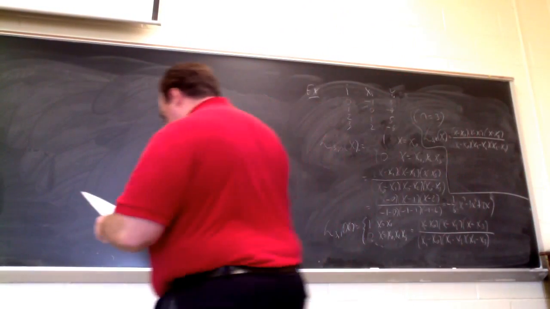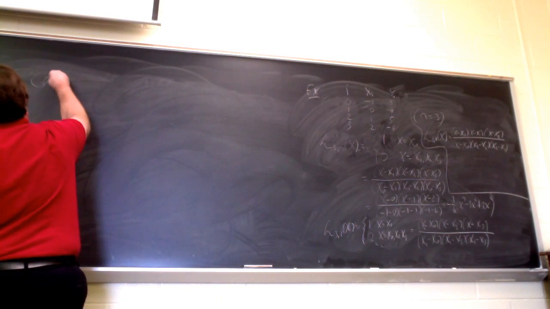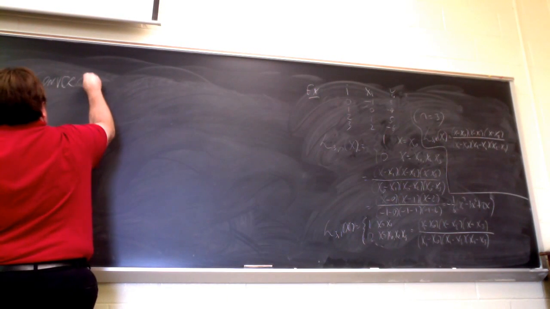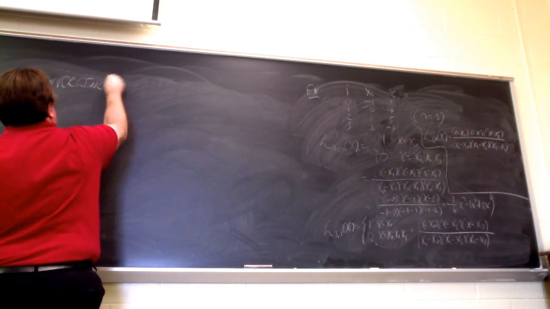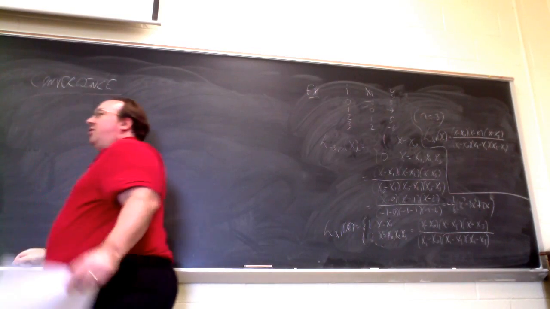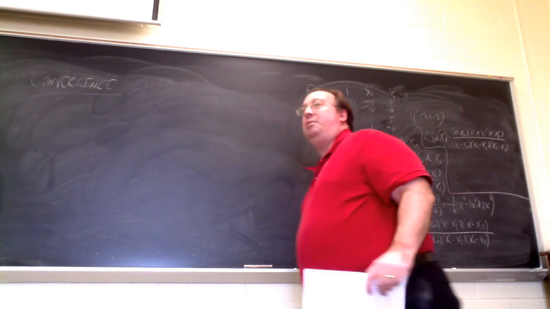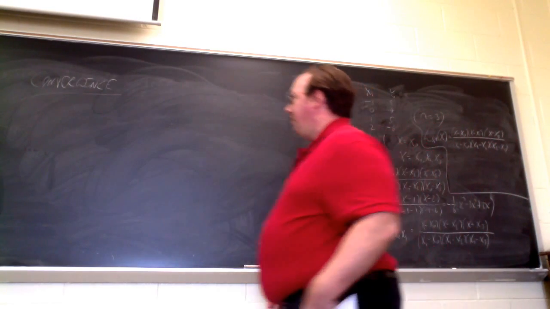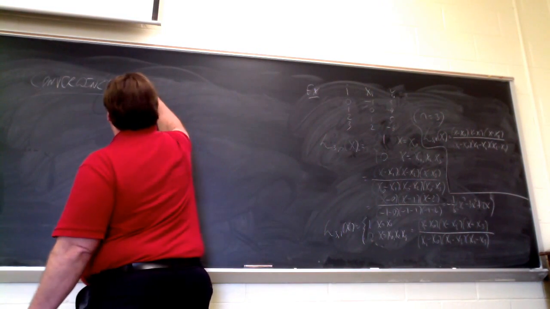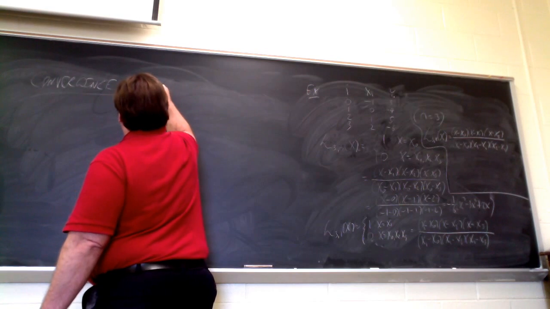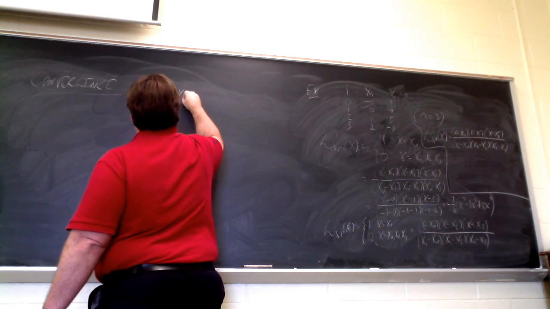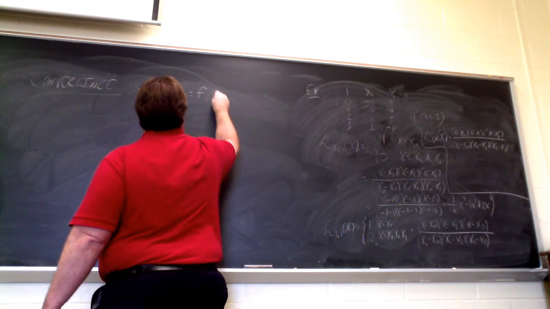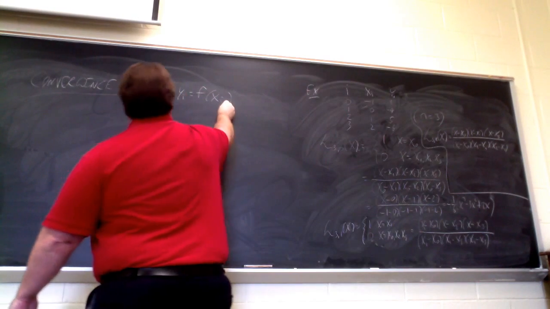Now, in some cases, maybe constructing Pn of x just given these x and y values is all the information you have. But another possibility is maybe the data is obtained from some known function, f of x.